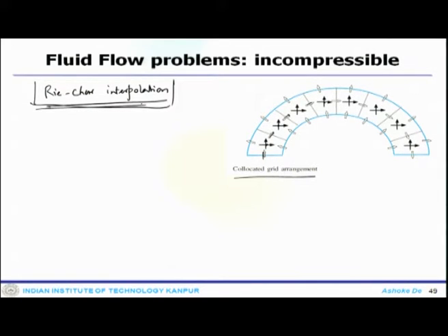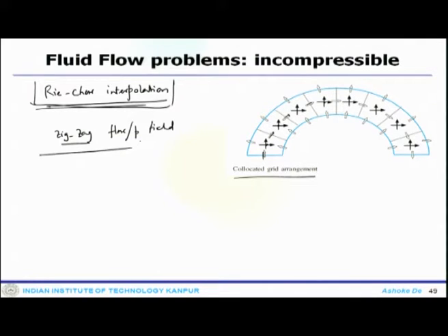Now, the deficiency in the original collocated formulation, primarily the checkerboard or zigzag flow and pressure field, can now be avoided using this interpolation.